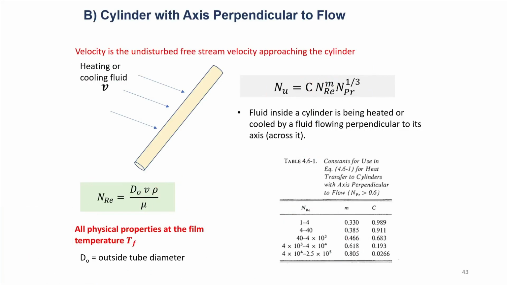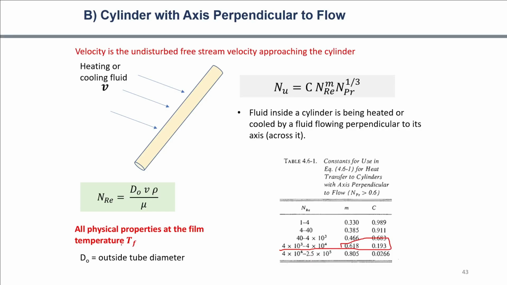Our Reynolds number is 5694, so the M and C values would be from the range 4000 up to 40000. So M is 0.618 and C is 0.193.